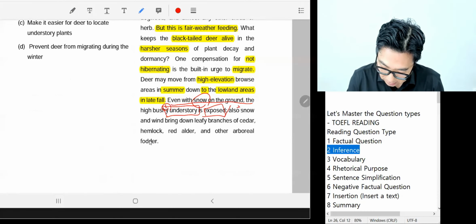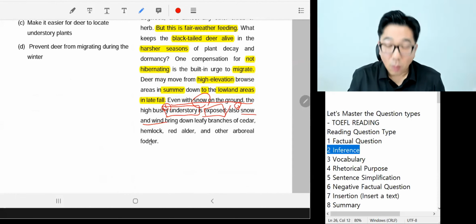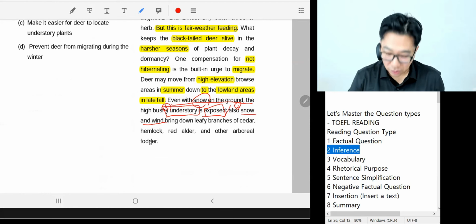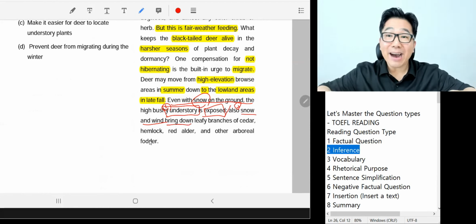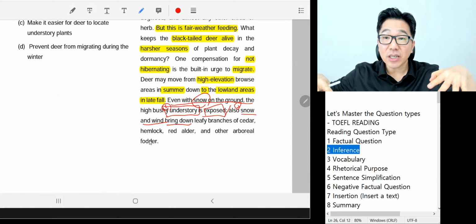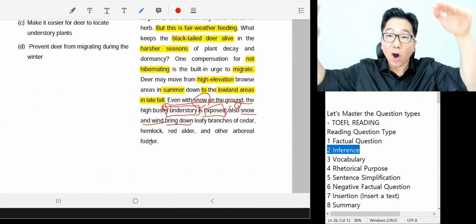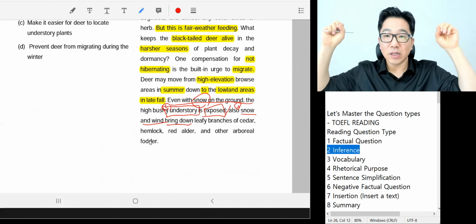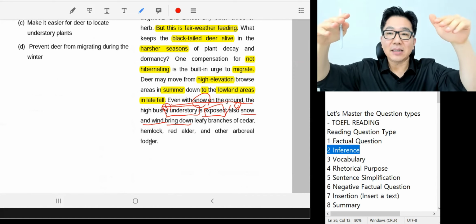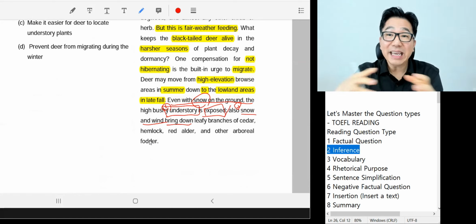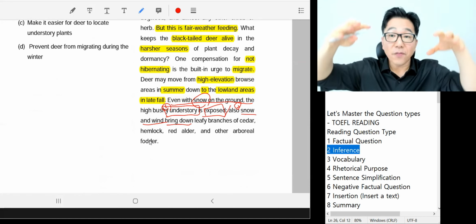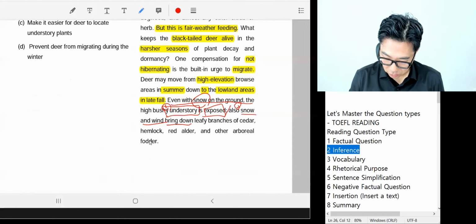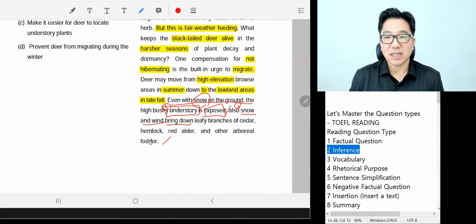Second, unlike what we naturally think, snow and wind during winter bring down some leafy branches from these trees onto the ground. So this wind and snow would hit the trees, and some branches with leaves on it will fall on the ground that they can eat. Okay? So that's what it's saying here, right?